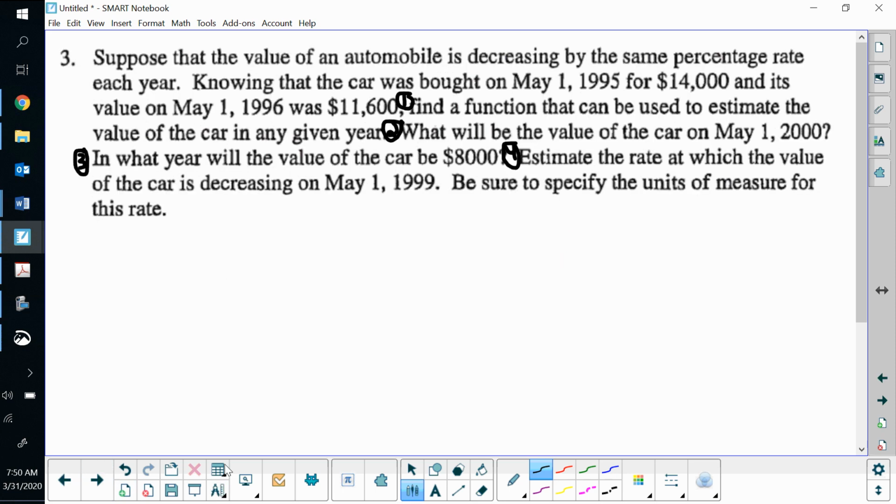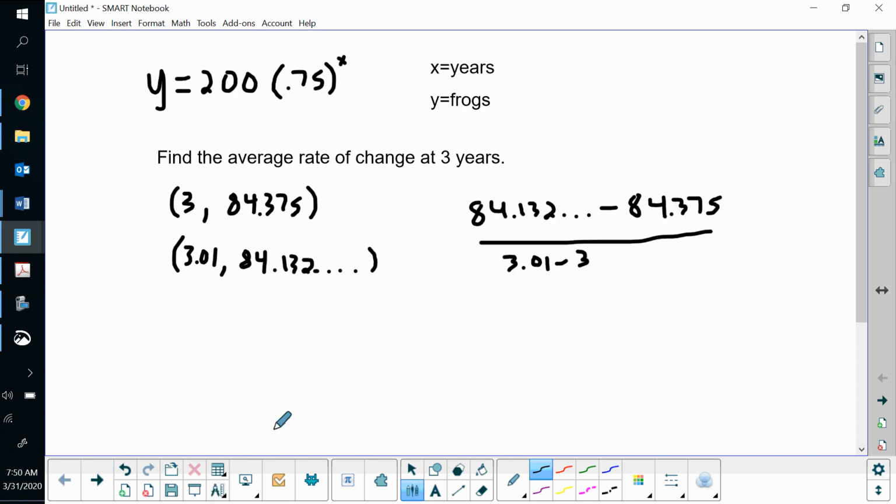For this one, it doesn't say where to round to. Let's keep it to the nearest hundredth when you go to do the rate. So on this particular one, when I put it in the calculator, you get negative 24.24 to the nearest hundredth.